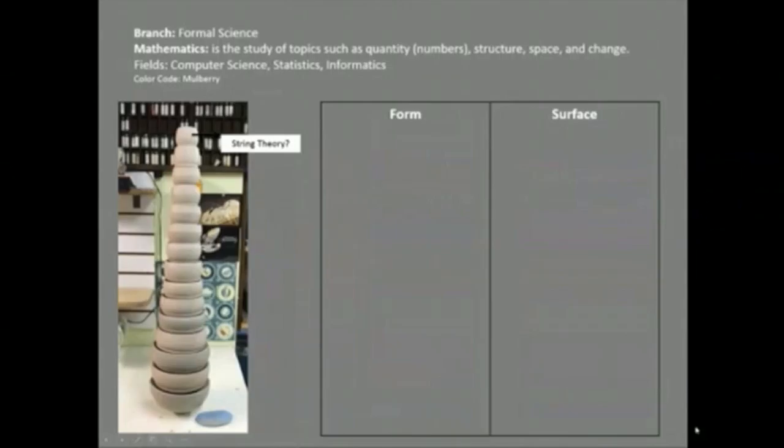Okay, so very regular, symmetrical form.